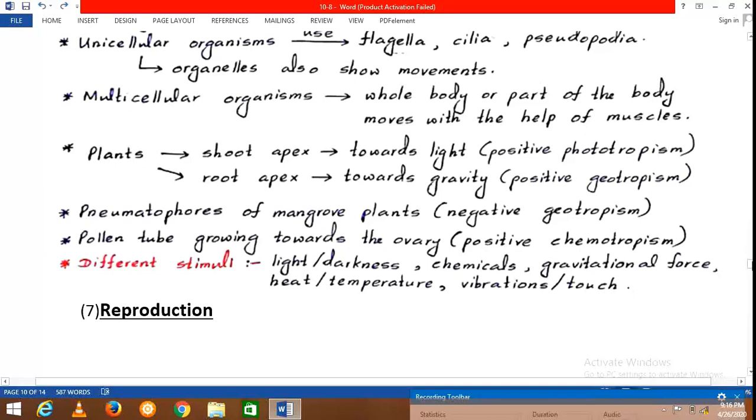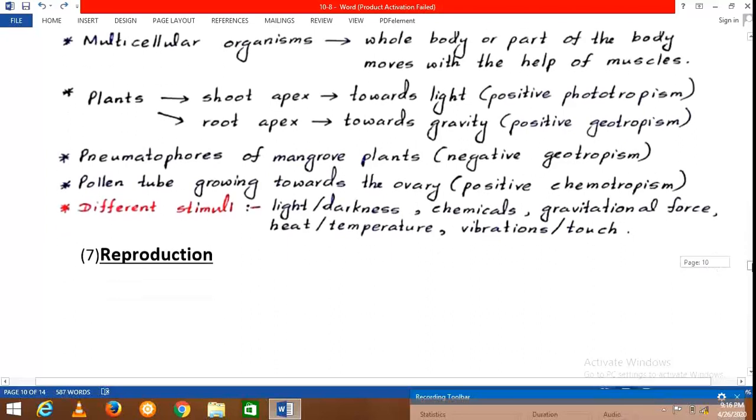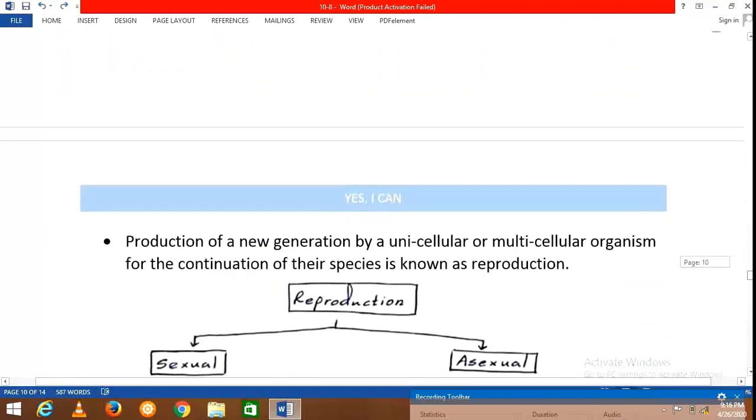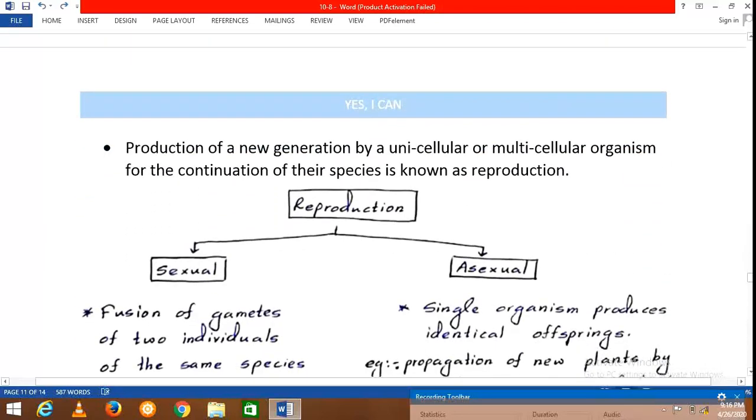Right. Then the seventh characteristic is reproduction. Reproduction is the production of new organisms or a new generation by unicellular or multicellular organisms for the continuation of their species.